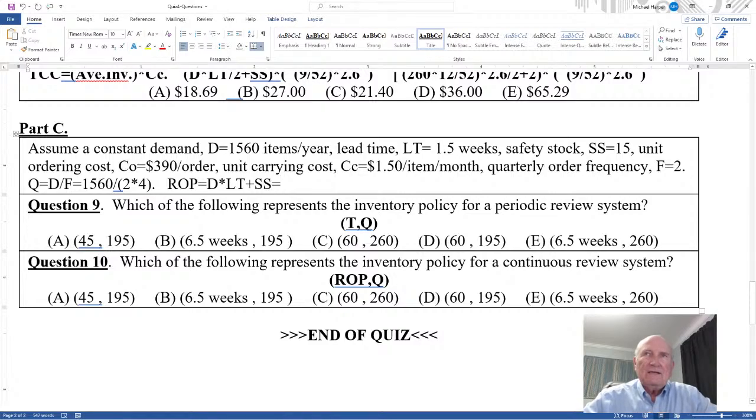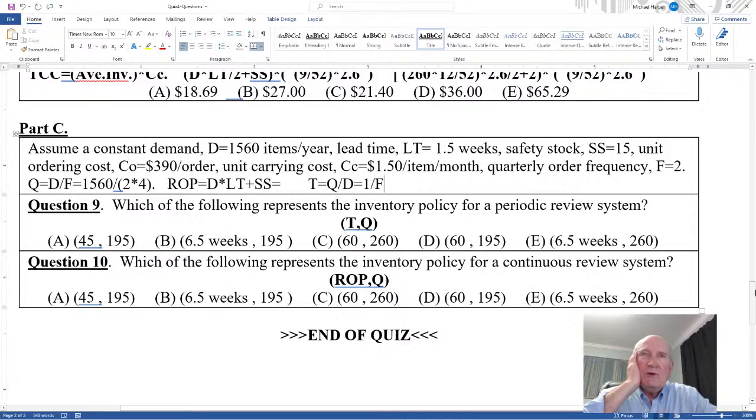Okay, and then come over here. T is going to equal, well, it could equal Q over D. Or it could equal 1 over F, because we're given frequency. So the quarterly inventory period is 1/2.